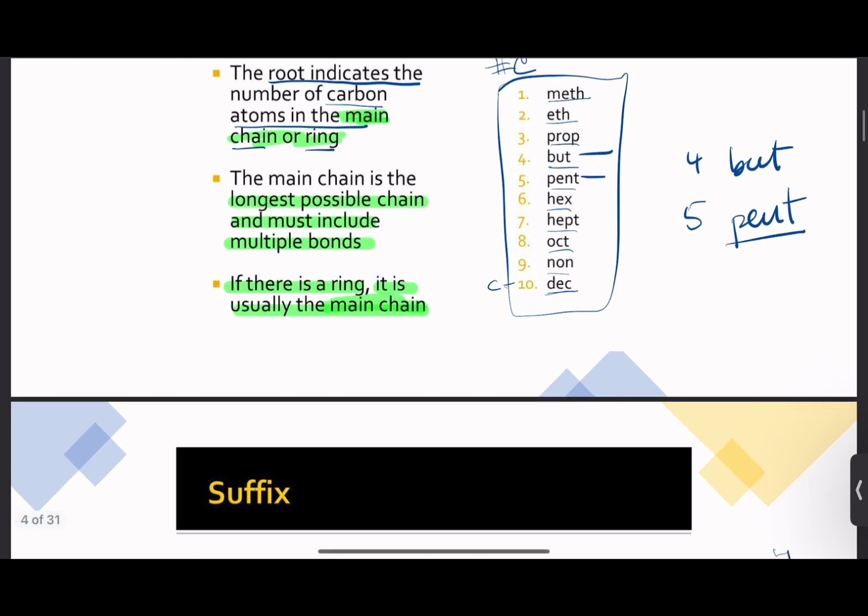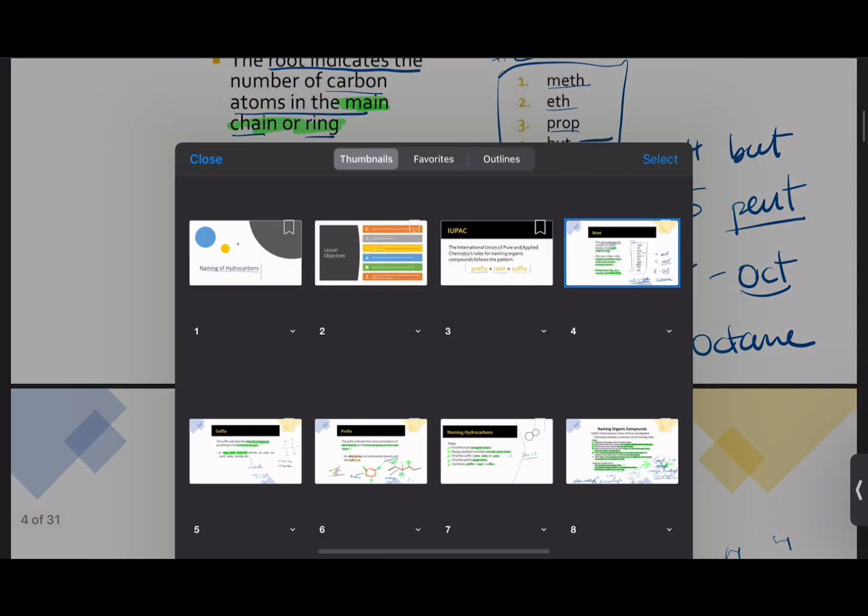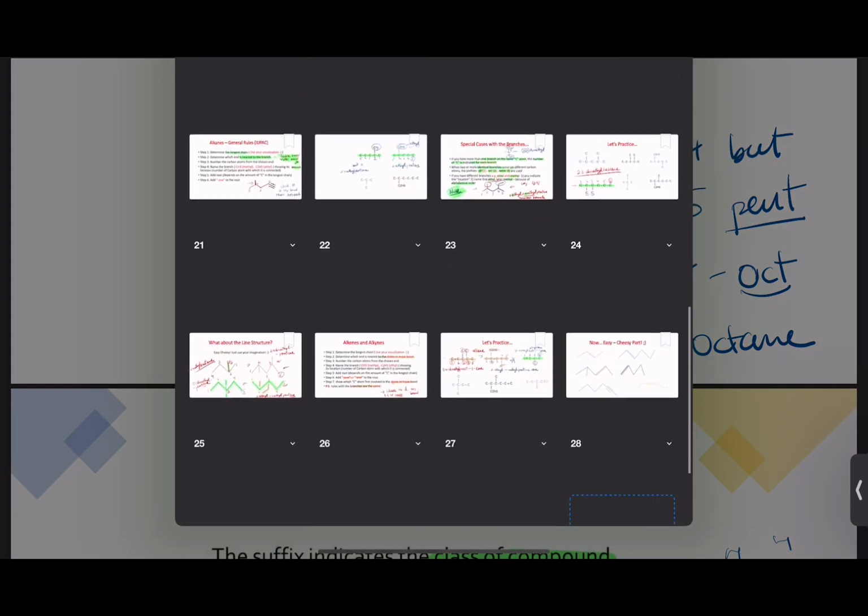If I have 8 carbons in the root, it will be oct. And if it's all single bonds, it'll be octane. If I have 1 double bond, it'll be oct-ene. And then let's say on the first carbon I have a double bond, oct-1-ene. Okay, so now we go back to where we left.